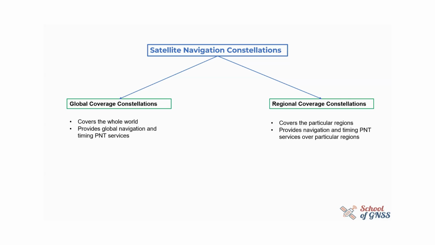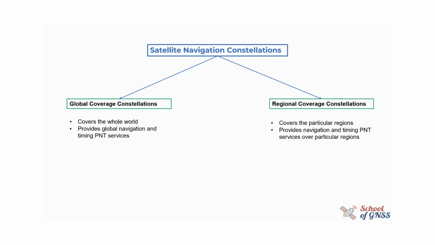So, as the name suggests, global coverage constellations are those number of satellites which cover the whole Earth, the whole world. These provide global positioning, navigation and timing services throughout the world. In contrast, the regional constellations are those which cover only particular areas around the Earth.